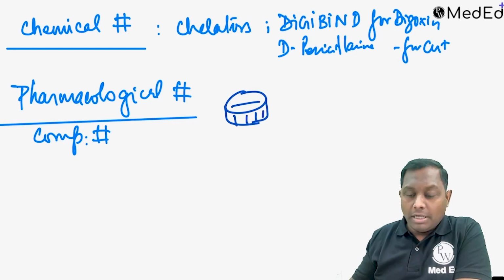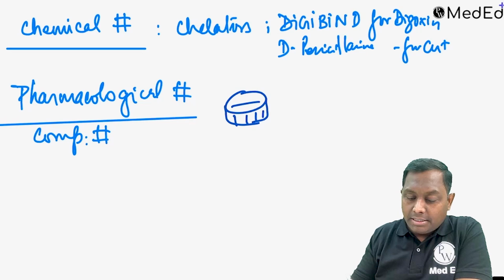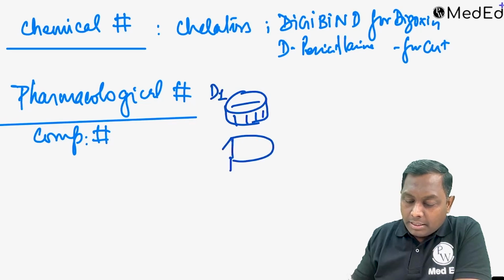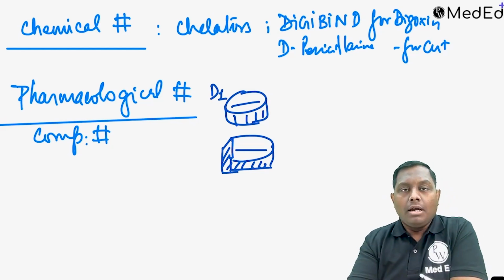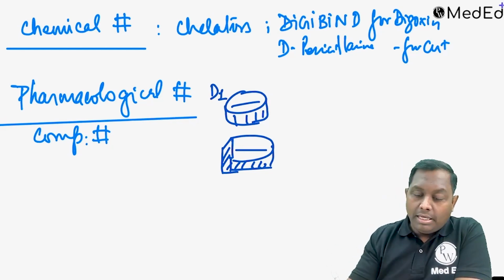So let's say this is drug number 1 and we have one more, drug number 2. Okay. We have two drugs and both of these drugs are going to compete for the same site.